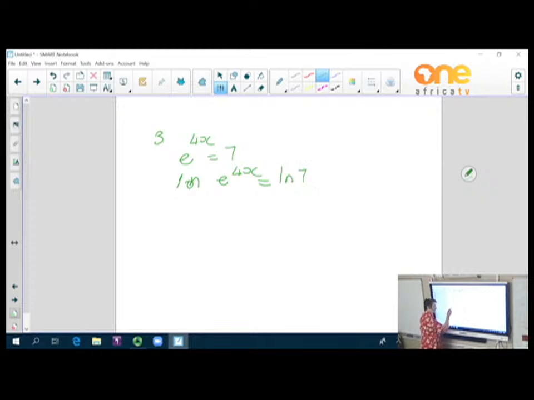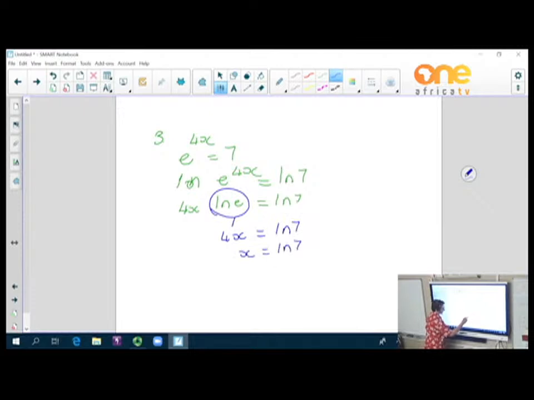Then I will bring down my power as we did in the beginning of the lesson. 4x ln e is equal to ln 7. But now remember what we said, ln e is 1. So we're going to say 4x is equal to ln 7. To find x now, it will be ln 7 divided by 4.